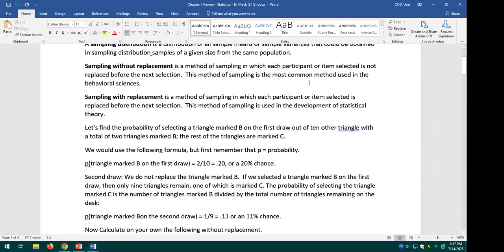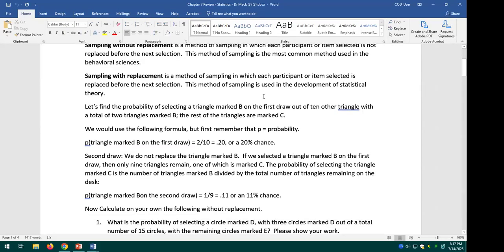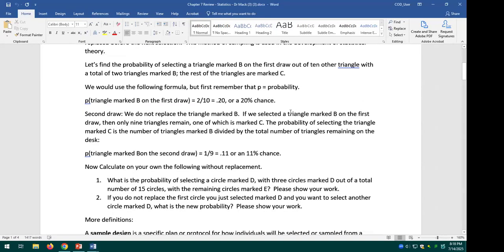Sampling without replacement is a method of sampling in which each participant or item selected is not replaced before the next selection. This method of sampling is the most common method used in behavioral sciences. Sampling with replacement is a method of sampling in which each participant or item selected is replaced before the next selection. This method of sampling is used in the development of statistical theory. Let's find the probability of selecting a triangle marked B in the first draw out of 10 triangles.